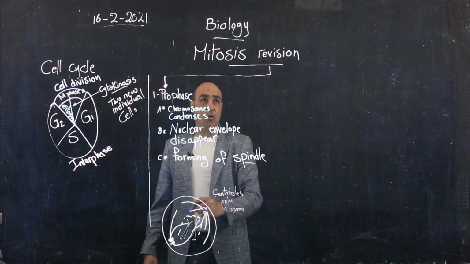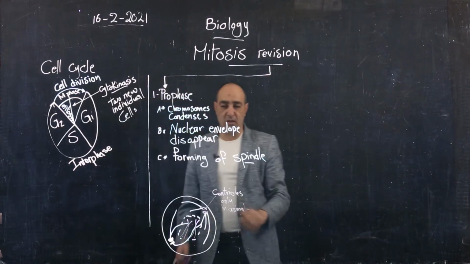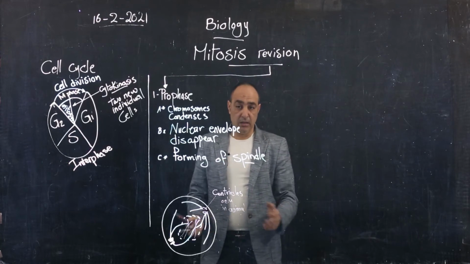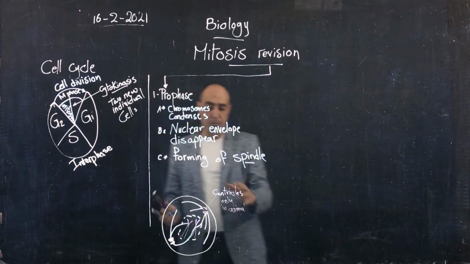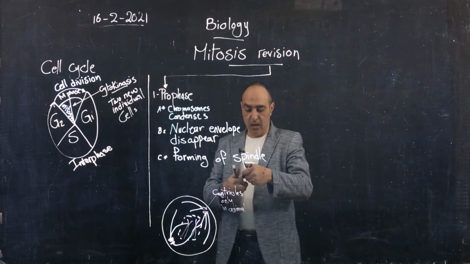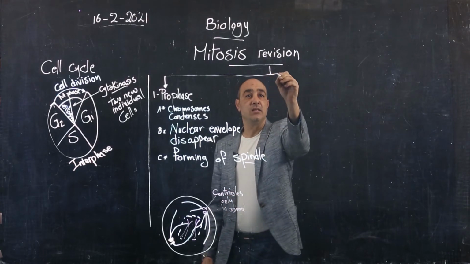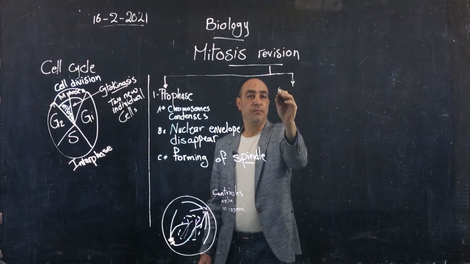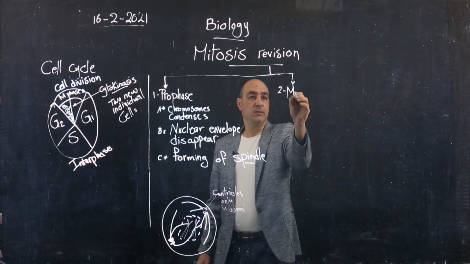This spindle is like ropes, and these ropes are attached to the chromosomes to move them inside the cell. At this point, the prophase ends with these three events. After that, we move to the second phase, metaphase.